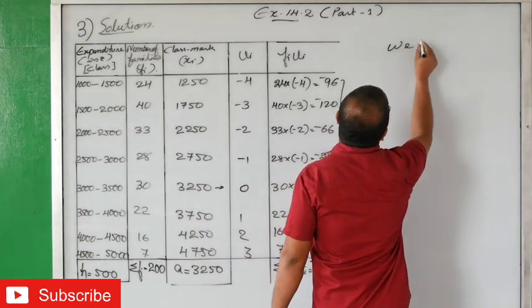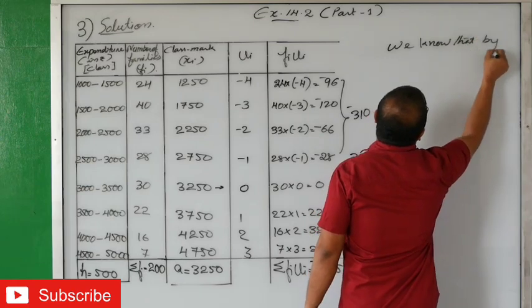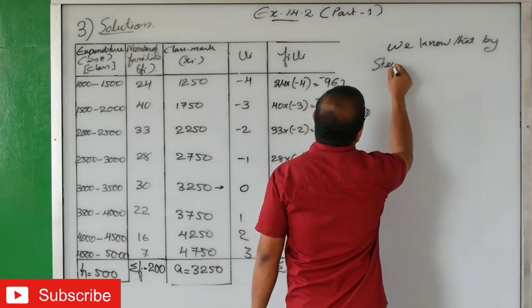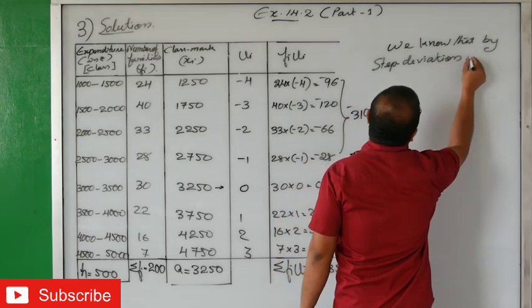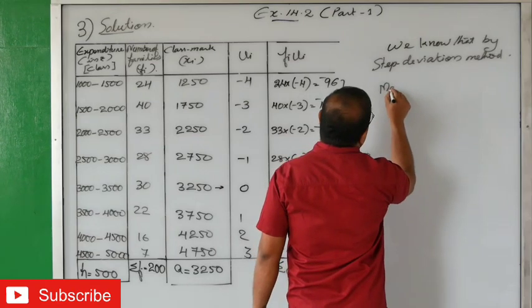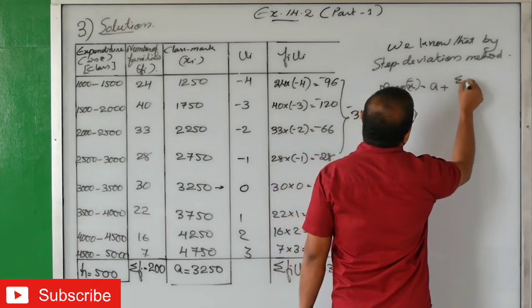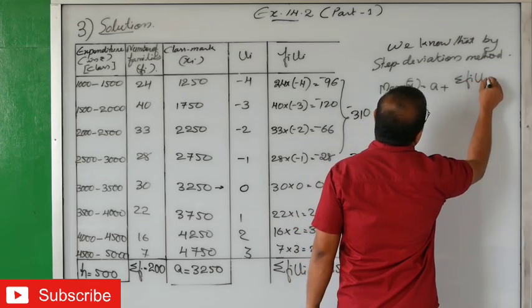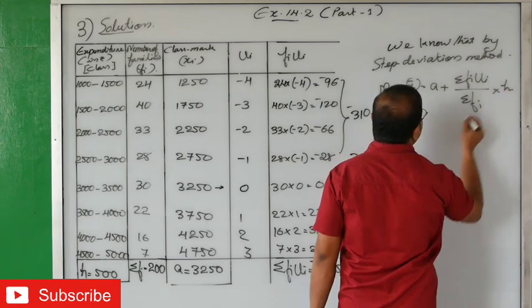We know that by step deviation method, mean x bar equals a plus sigma fi ui by sigma fi into h. Ready?